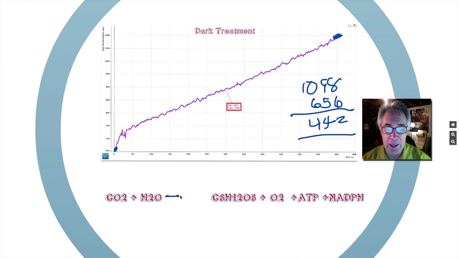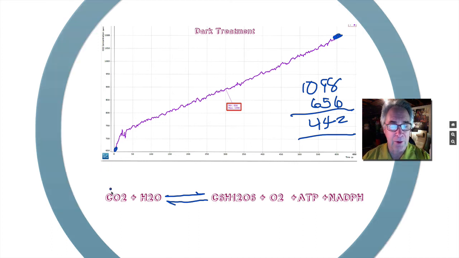Well, if you take a look at this equation, you'll notice that it has arrows that go in both directions. Now, we know that the reason that the plants get the CO2 is animals are doing cellular respiration and are actually contributing to CO2.